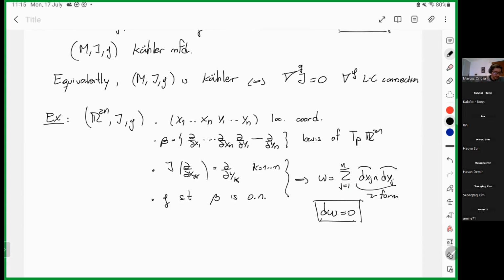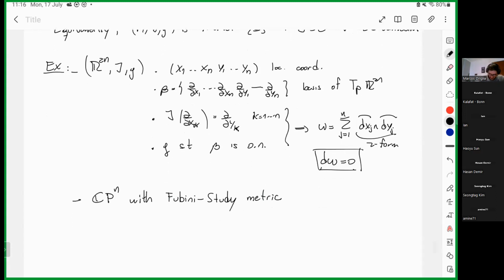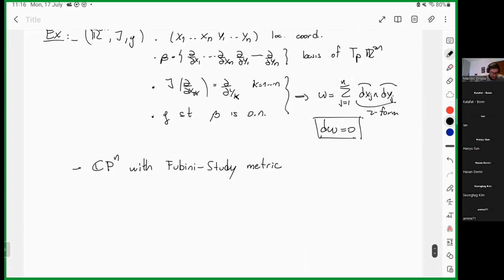So this is the Kähler form of R^2n. And another less trivial example is given by CP^n, the complex projective space, with the Fubini-Study metric. I won't give the details of this, but I can share them after the talk, or you can Google it. There are a lot of details about this metric on CP^n.